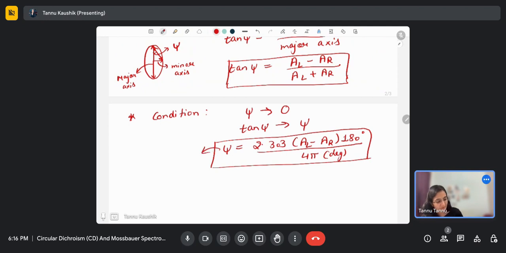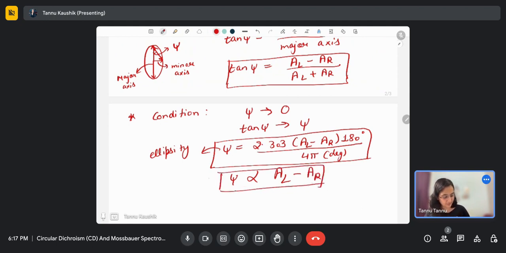This psi angle, the ellipticity, is proportional to the difference of absorbance of left hand circularly polarized light and right hand circularly polarized light.